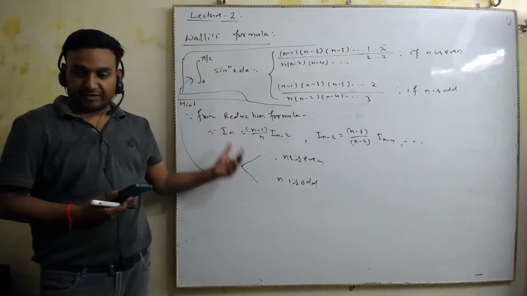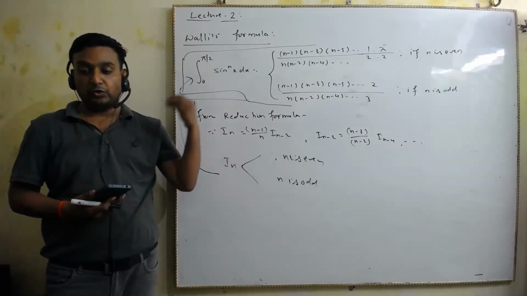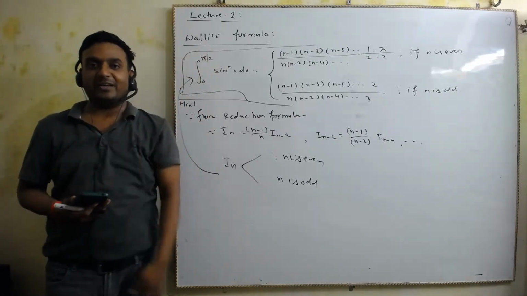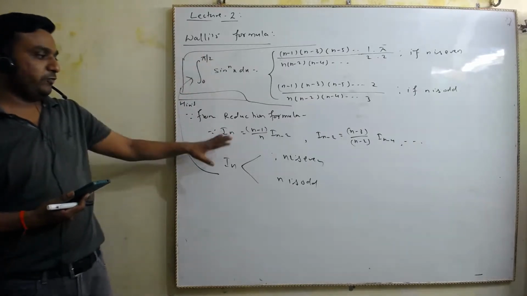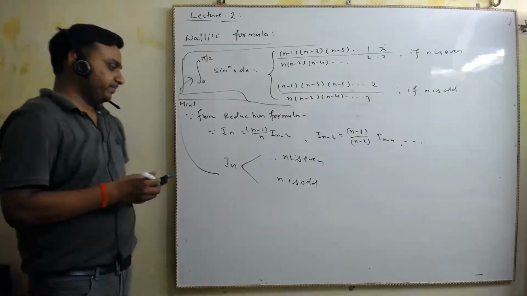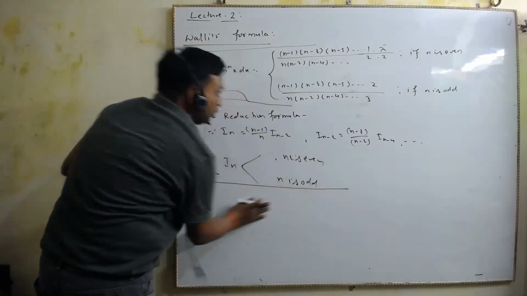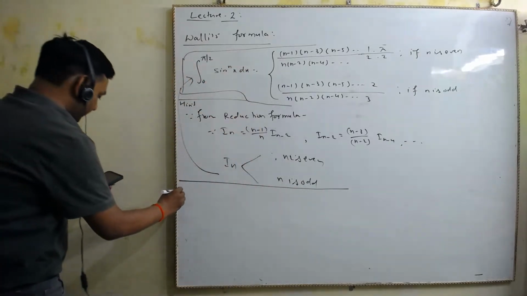Please note down this. After this, I will take one example of how to use this Wallis formula, because that example is important. Okay. Please note down fast. Then I will take an example. You people, please note down this. I'm just writing an example here.